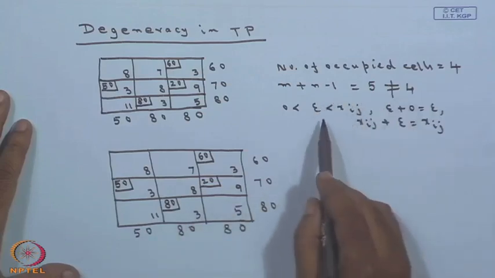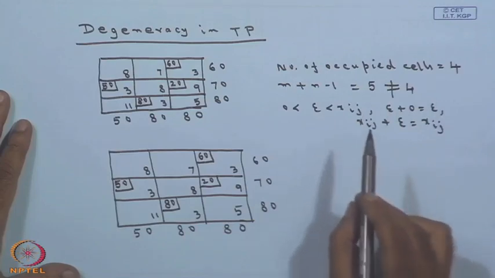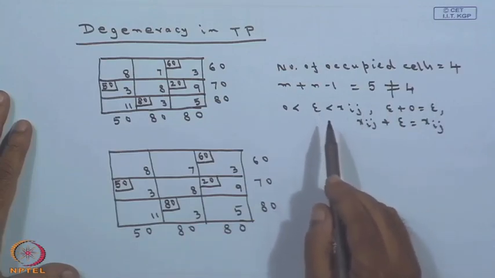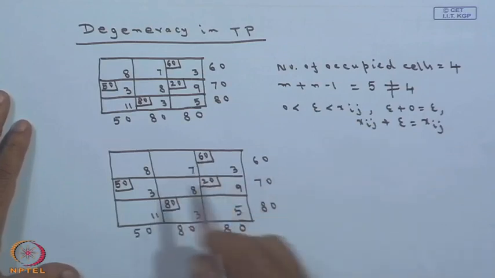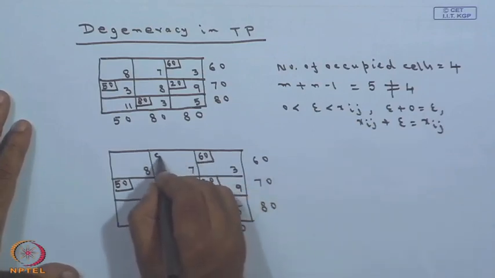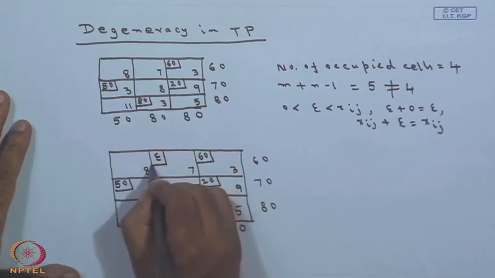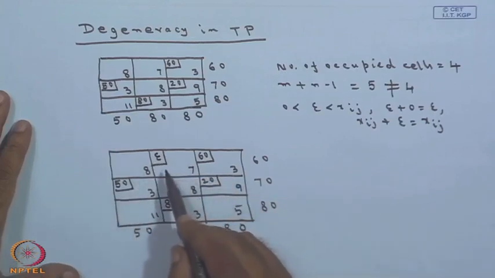Therefore, what do I have to do? I have to allocate a very small positive quantity epsilon in one of the cells in such a way that it does not form a loop. So arbitrarily I am assigning a very small quantity epsilon here, in cell 1 2.